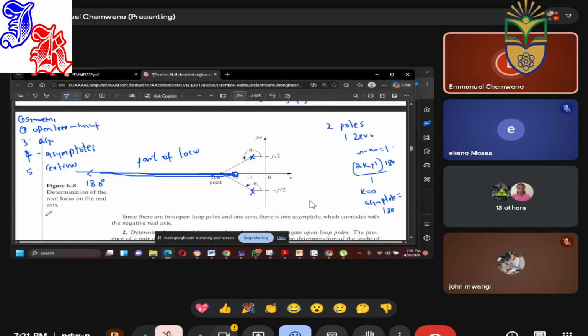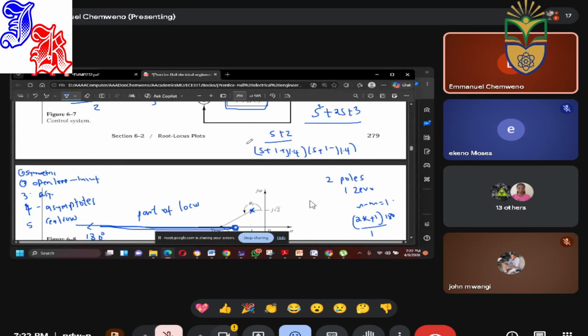Centroid: this asymptote will start at the centroid. The real part of the poles is minus 1. The zeros: s is equal to minus 2 zeros. The poles: s is equal to minus 1 plus or minus root 2 j. Real part of zeros is equal to minus 2.